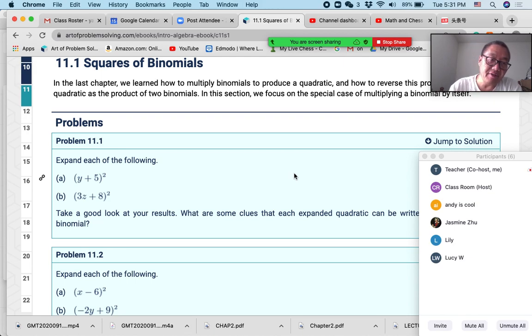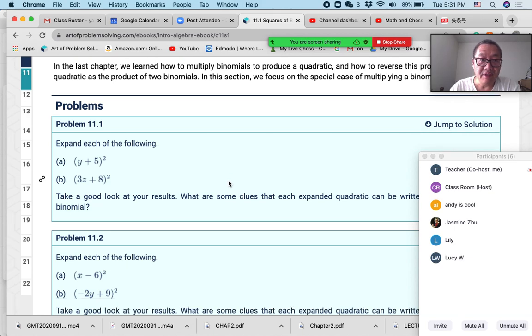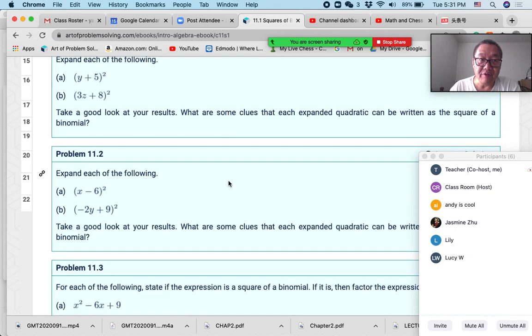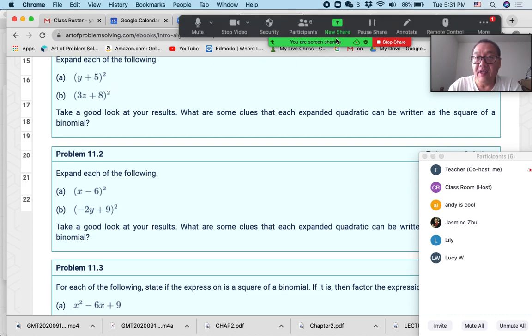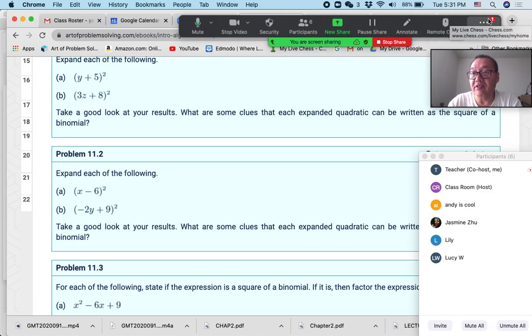Now let's see first this example, 11.1. Expand each of the following. Everybody, can you send me your answer for this A? Expand y plus 5, parentheses, square. Then let me check if you can get the correct answer for this.